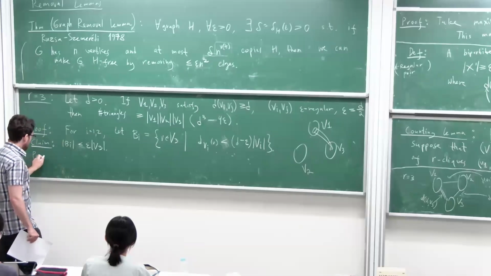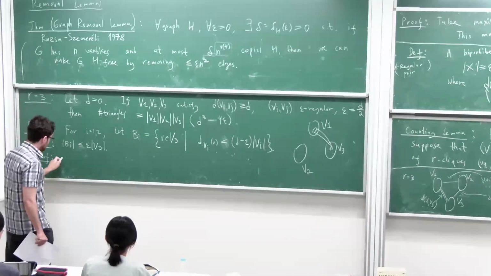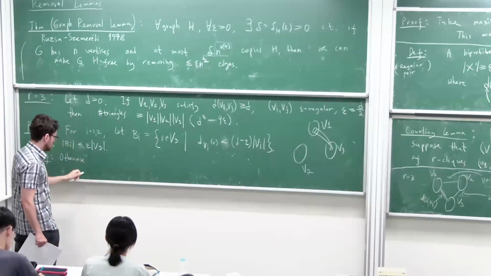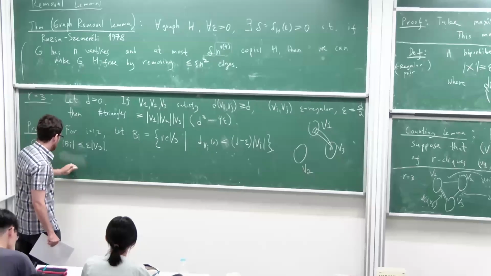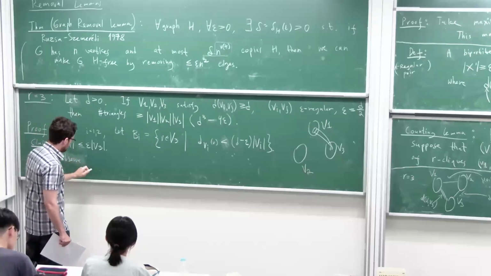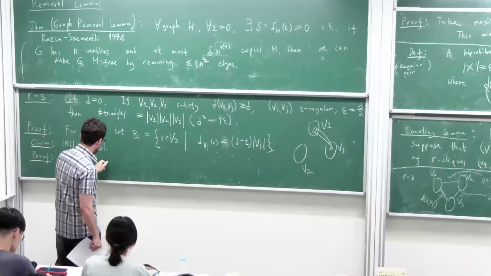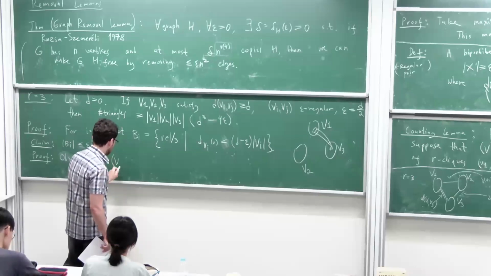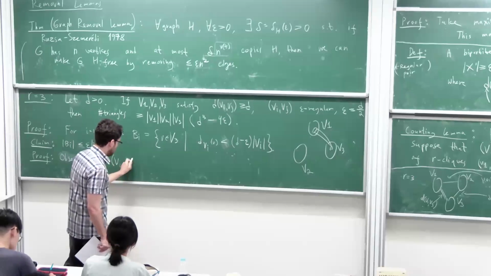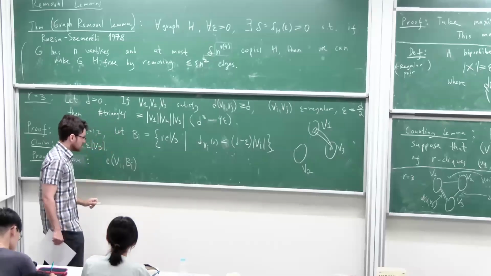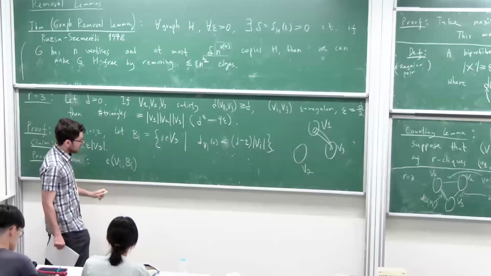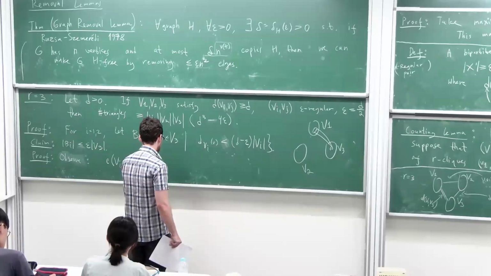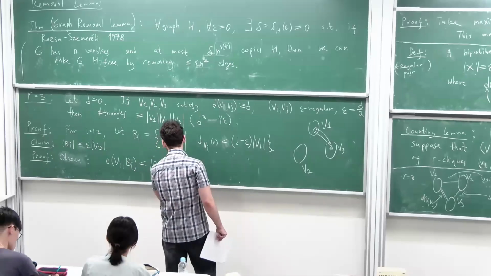Otherwise, observe the number of edges between B_i and V_i. How many edges do I have between B_i and V_i? I can bound it the following way. B_i is small, and each of them has a small neighborhood, at most d minus epsilon.